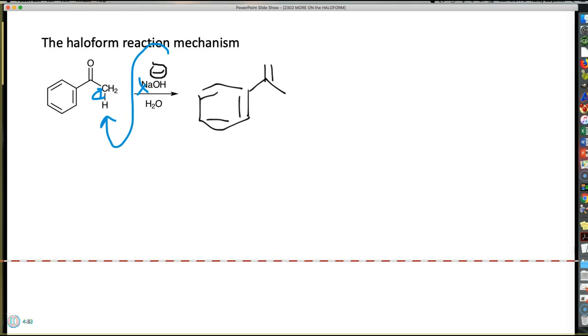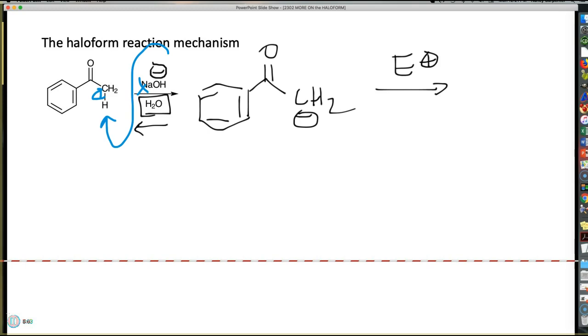And once I have made that enolate, well, it can do all kinds of things. Obviously, under these conditions, it's going to be a reversible reaction because I have the conjugate acid right there ready to protonate it and take it right back to the ketone. So at this point, it is a nucleophile in search of an electrophile.